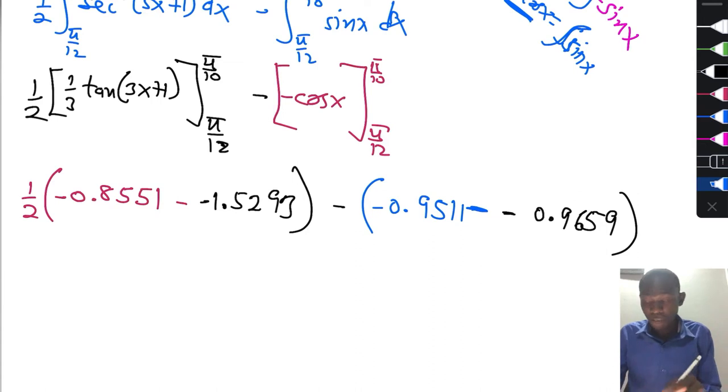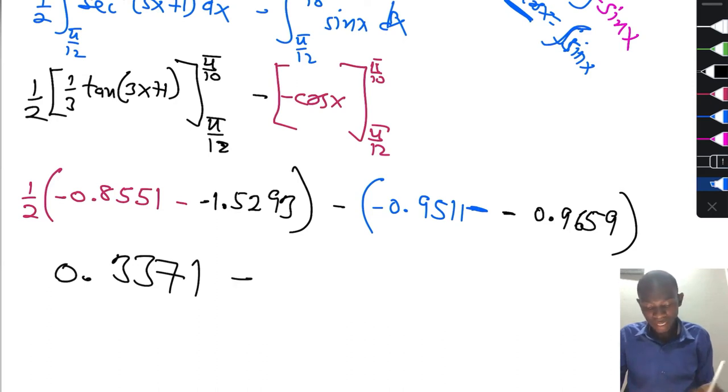I'm just going to do the first bracket together with this particular half. So I'm going to have 0.5 into bracket negative 0.8551 minus, so that's plus 1.5293, and that is going to give me 0.3371 minus, now I have negative 0.9511 plus 0.9659.